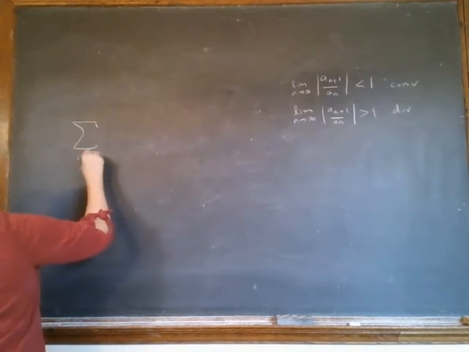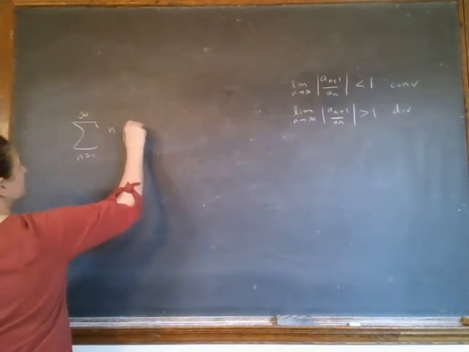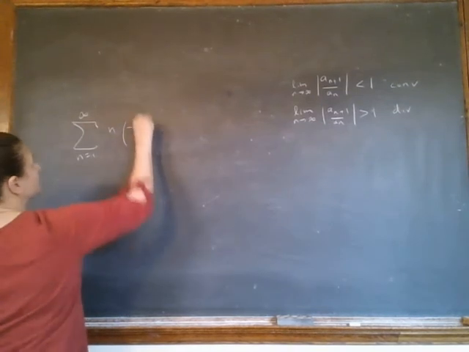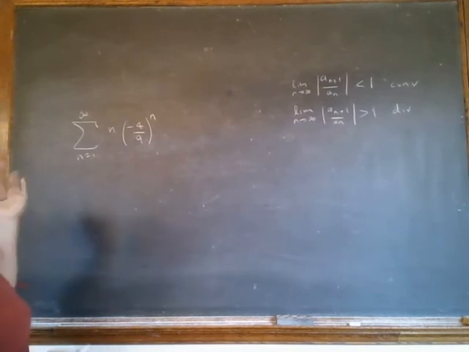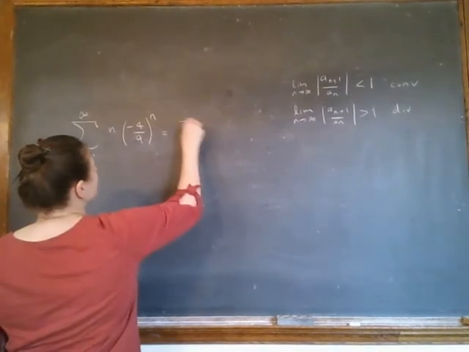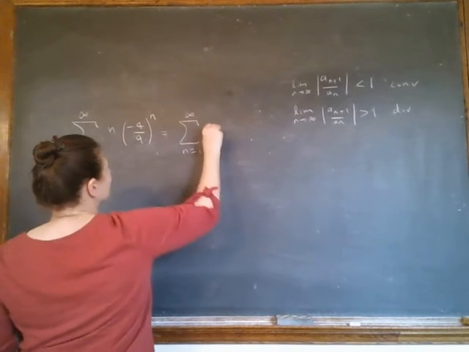Let's start with n times minus 4/9 to the n, for example. So this is kind of like a geometric series, right?